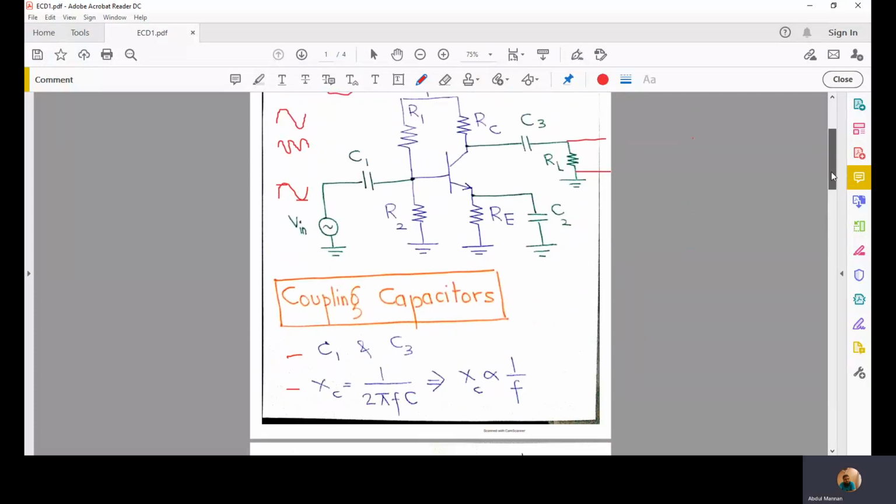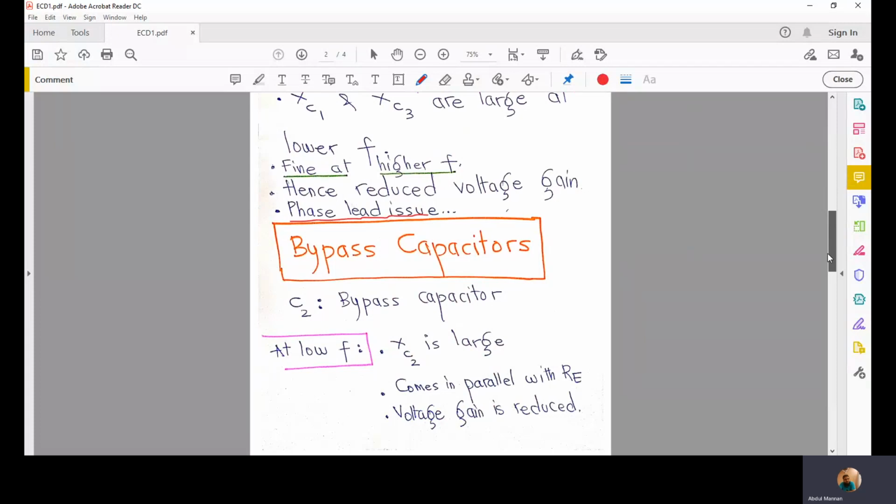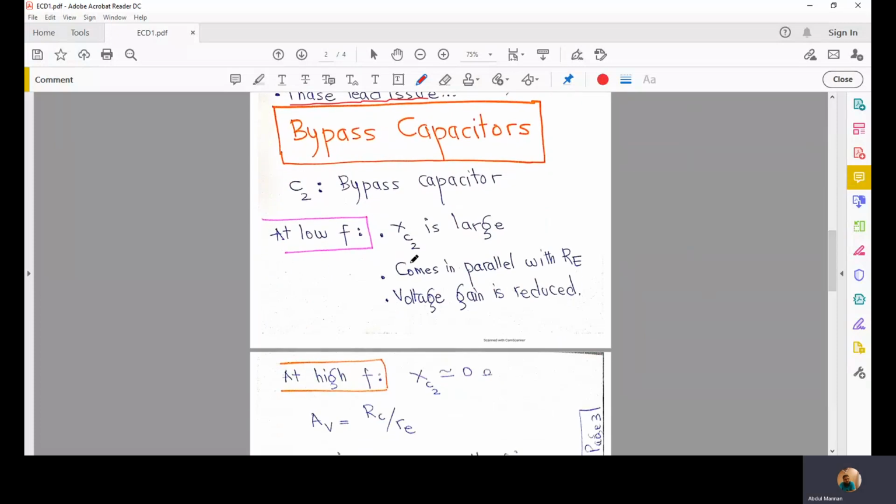But what happens at lower frequencies? If we work at lower frequency, it comes in parallel with RE. This means that at lower frequency, and of course XC is inversely proportional to F, the magnitude of XC is larger.